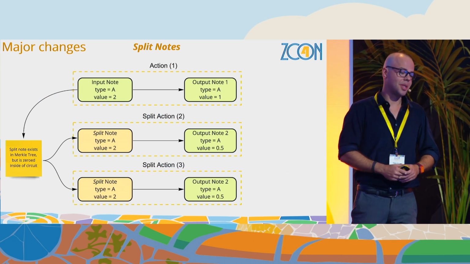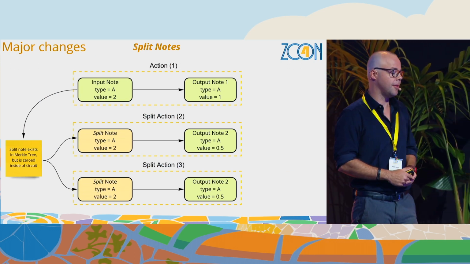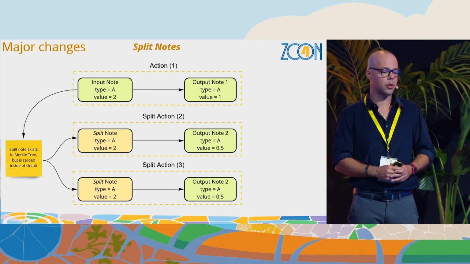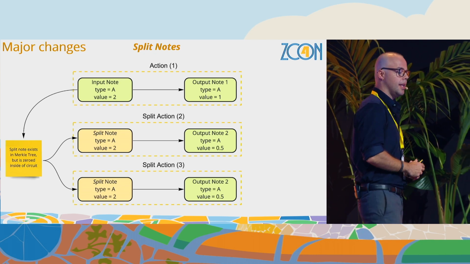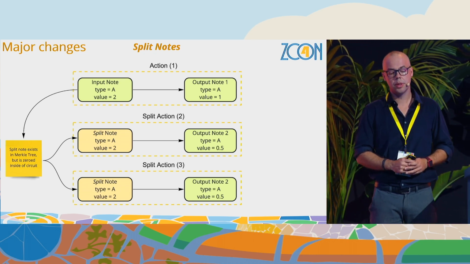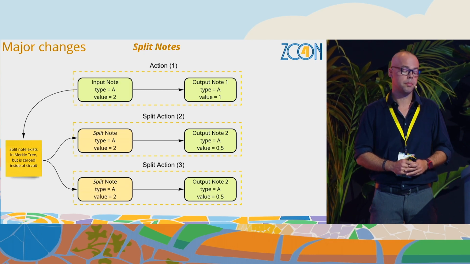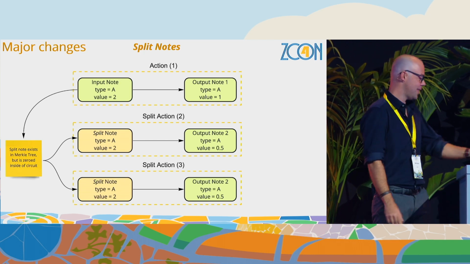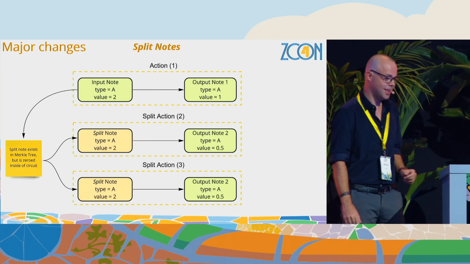So, split notes. In the Orchard protocol, we have the notion of dummy notes. Here, we added something called a split note, and the idea is to make sure that the input notes were properly issued. Now, I would like to ask Constance to tell us a little bit about the circuit changes required.